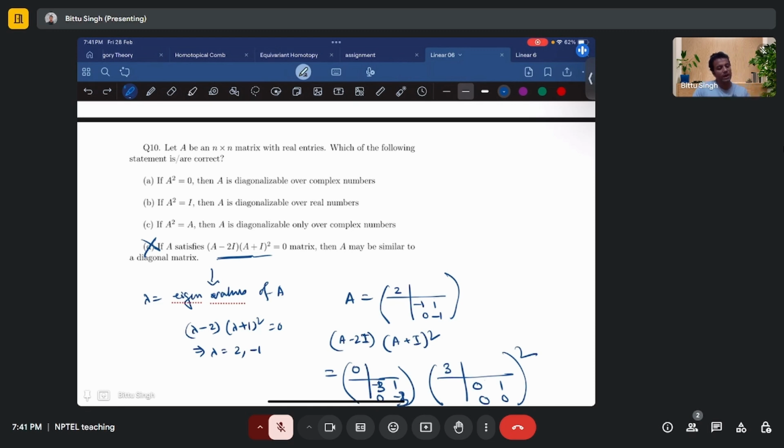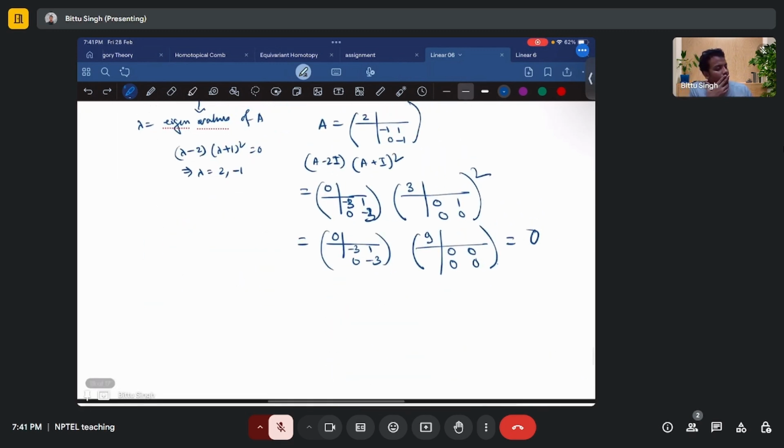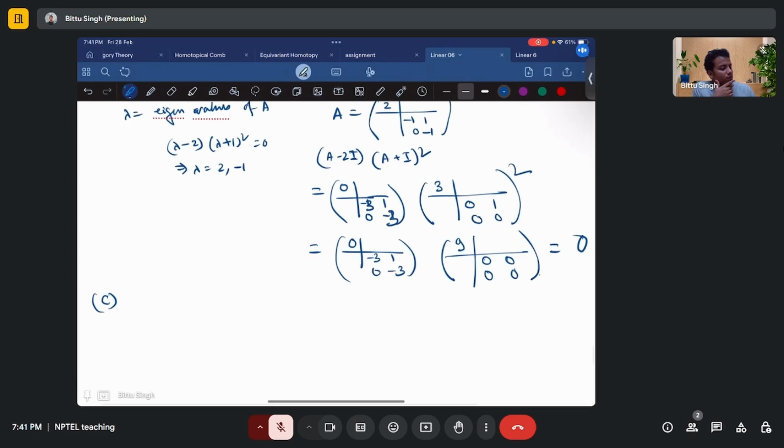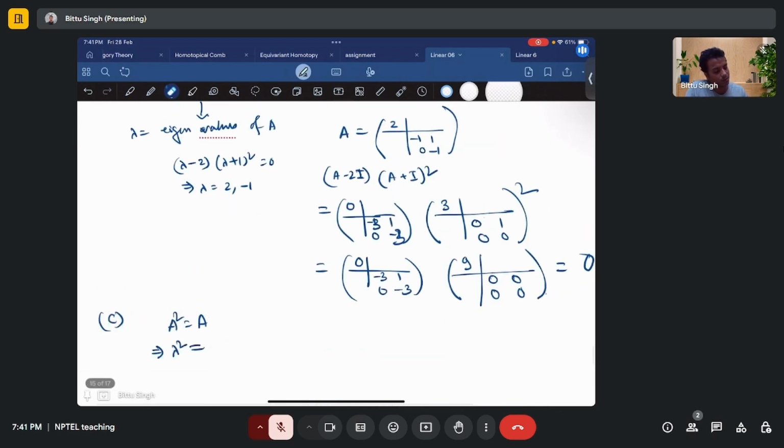Now if A² equal to A, then A is diagonalizable over complex numbers. Okay, let us check for the option C. Given A² equal to A, this will imply eigenvalues lambda will satisfy the same equation. Oh sorry, we have not checked option B. C is already done.